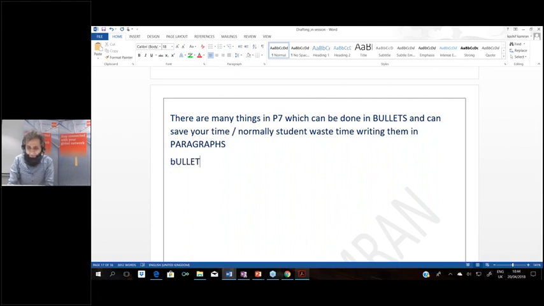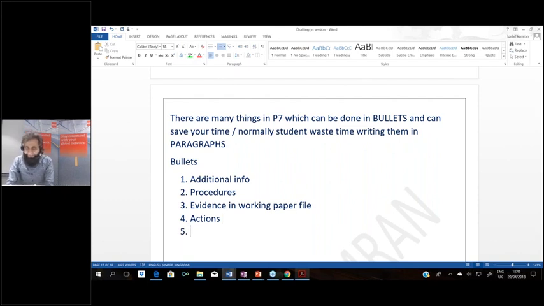Now, what can be written in bullets? Number one, additional information. Number two, procedures. Number three, evidence in working paper file. Actions. These are things in P7 which can be put into like 1 2 3 4, 1 2 3 4 5 bullets, saves your time, right?